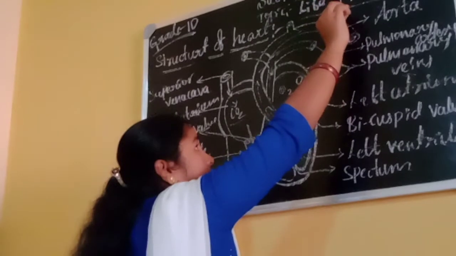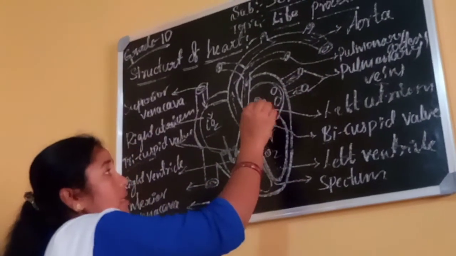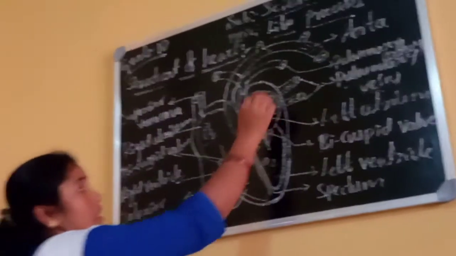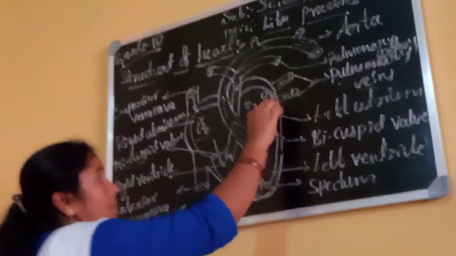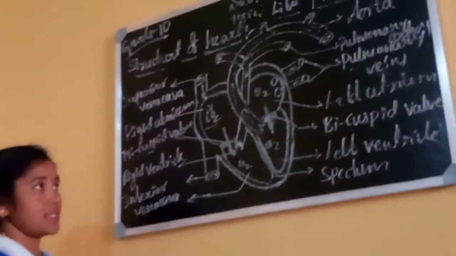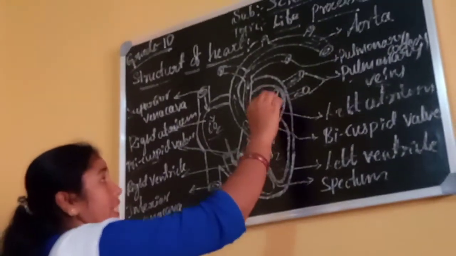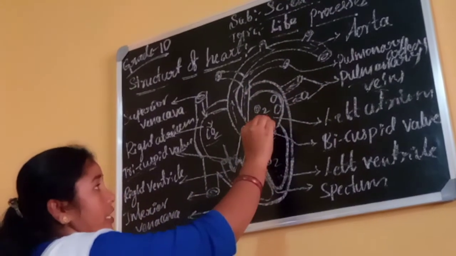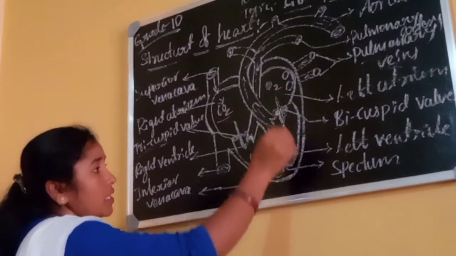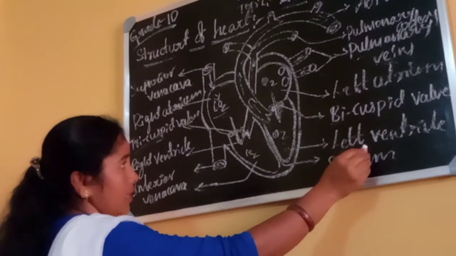Oxygenated blood reaches the left atrium through the pulmonary veins. When the blood reaches the left atrium, it relaxes. After contraction of the left atrium, the oxygenated blood flows to the left ventricle.